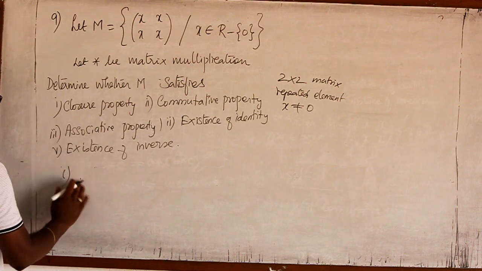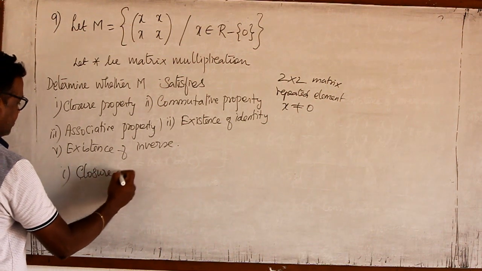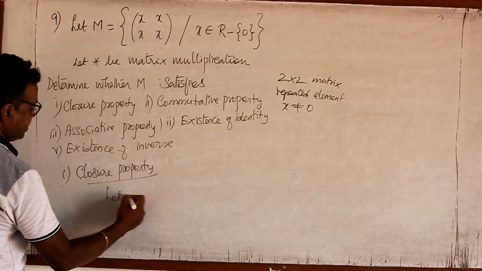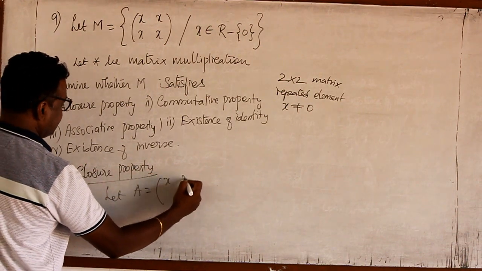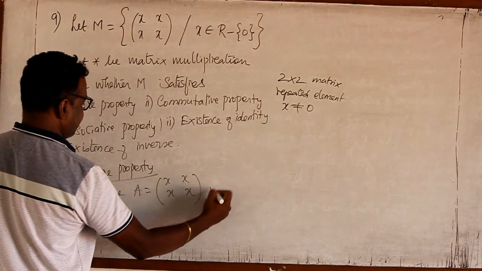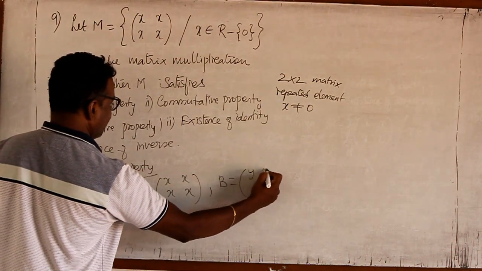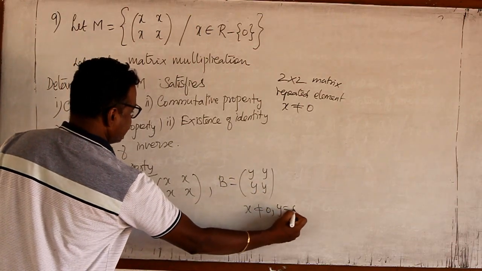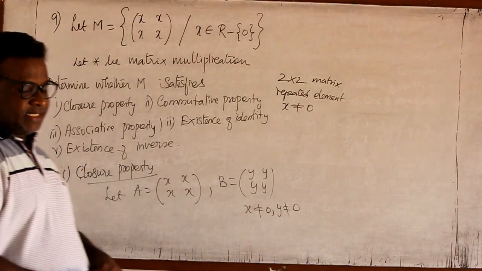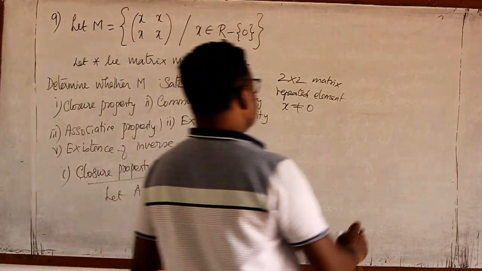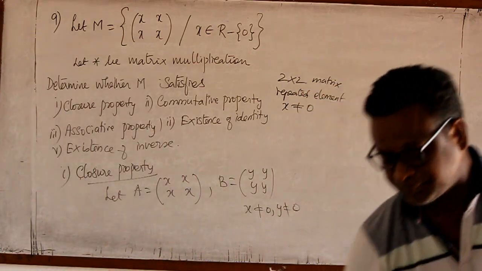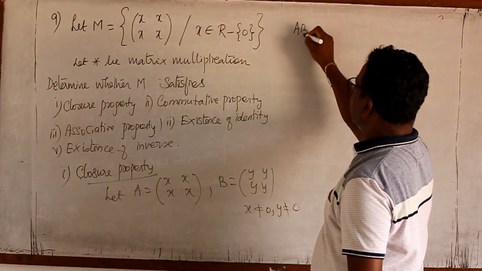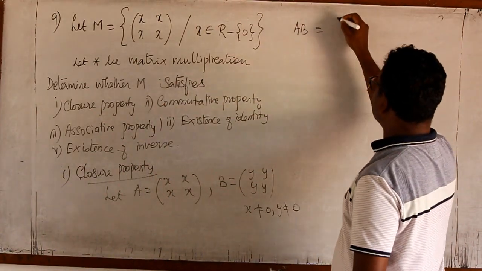So for closure property, let us take a set A as [x x; x x], B as [y y; y y], such that x is not equal to 0, y is not equal to 0. Now we shall multiply A into B because the operation is matrix multiplication.